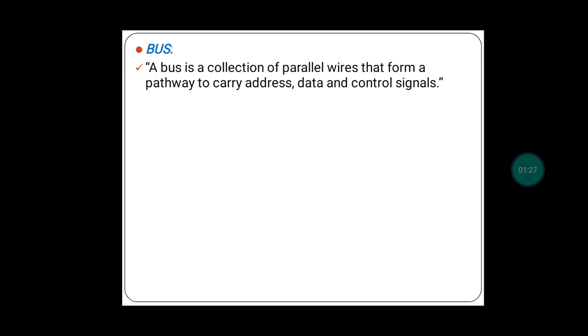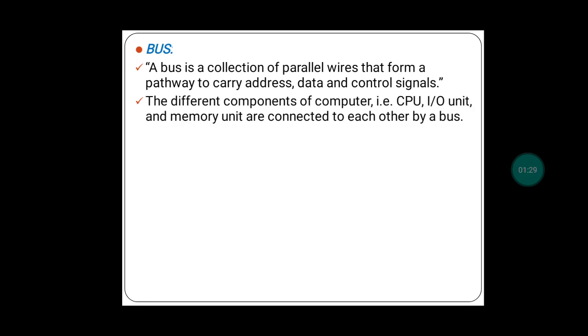And which are those components of the computer system? Those components are nothing but CPU, input output unit and memory unit. Not only are they carrying data or address or control signals from one device to another device, all these devices are also internally connected with each other through these buses only.